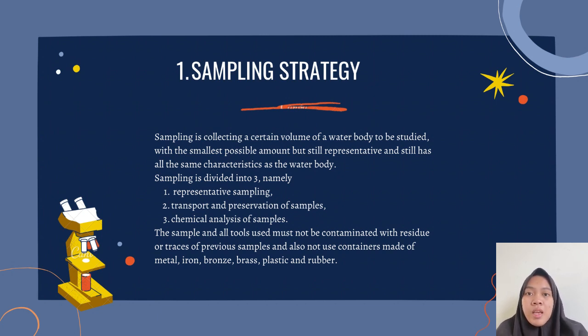Disturbances that may arise during sample storage and transport: Gases such as O2 and CO2 can be absorbed by the sample water or can disappear from the sample water into the air.